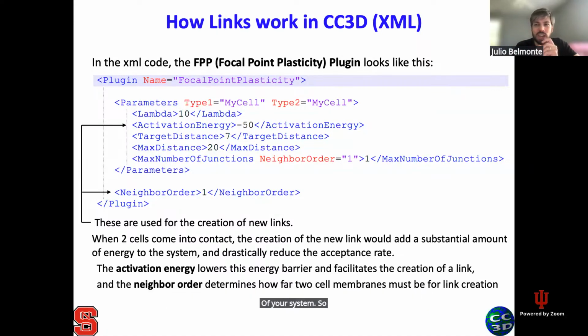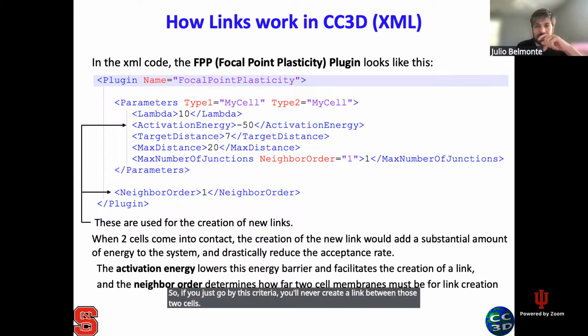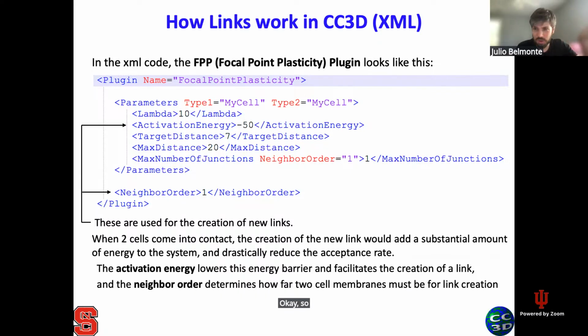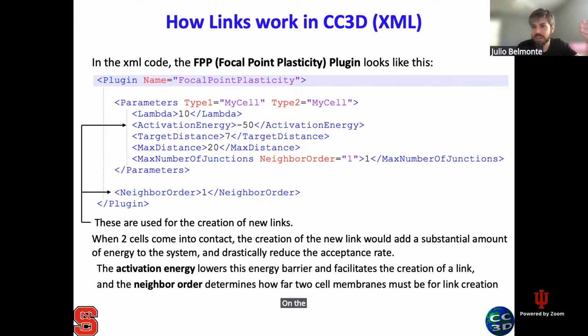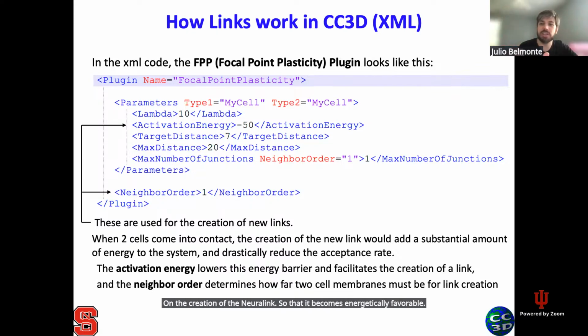So from an energetic point of view, creation of a new link is always so expensive that it's not favorable to do, okay? So if you just go by this criteria, you'll never create a link between those 2 cells. So this activation energy, and you notice that it's negative, is something that's applied on the creation of the new link so that it becomes energetically favorable for this link to be created.